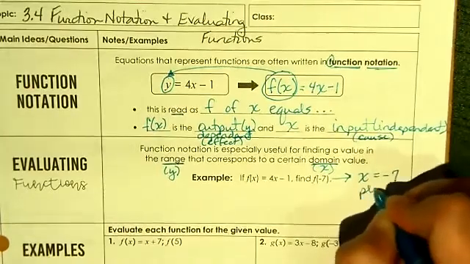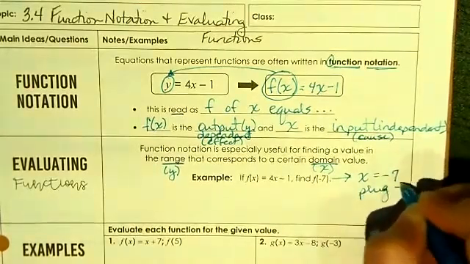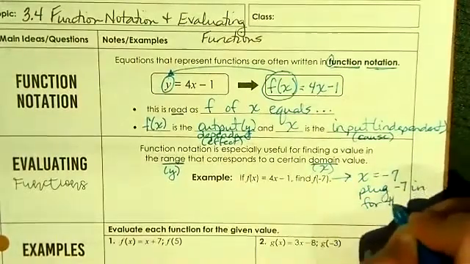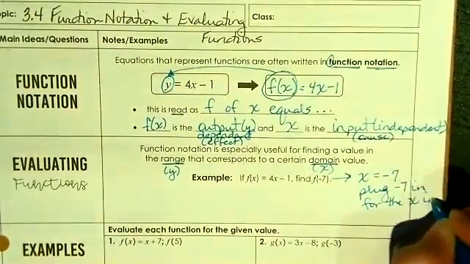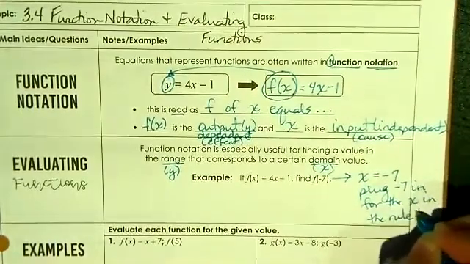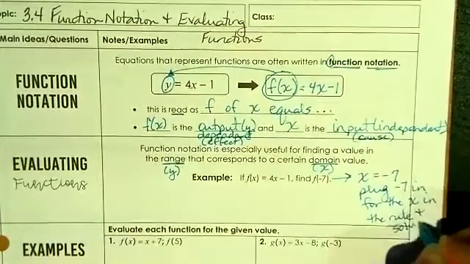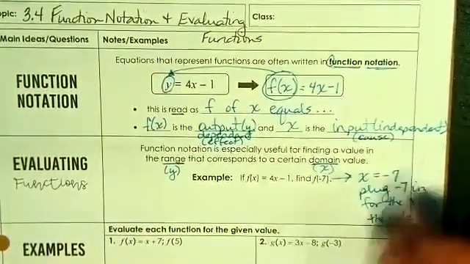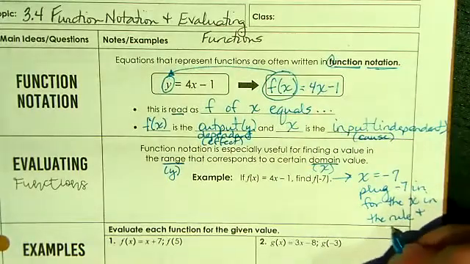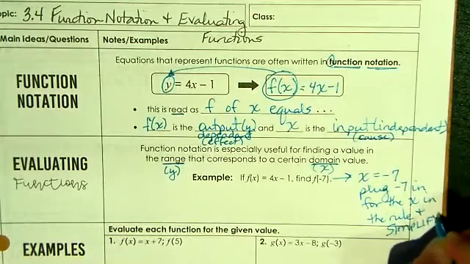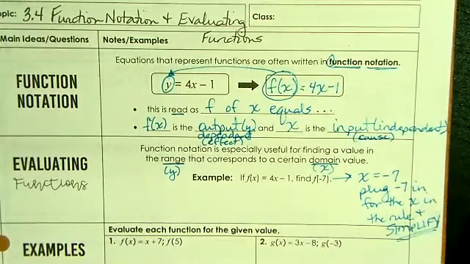So we plug negative 7 in for the x in the rule and simplify. We don't solve, we simplify, because at that point it's not an equation. That's big, because some of us are going to want to solve, but we're not solving, we're simplifying.